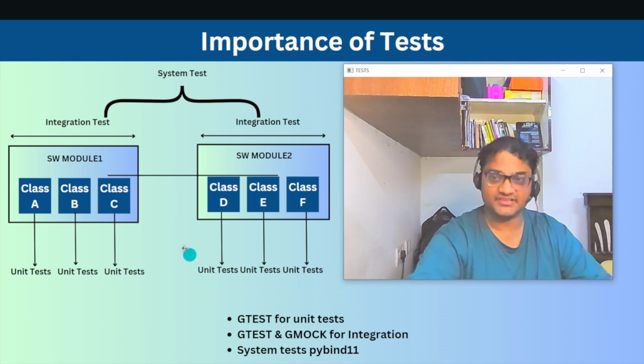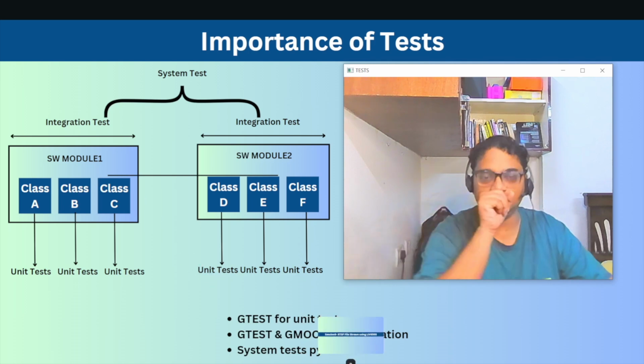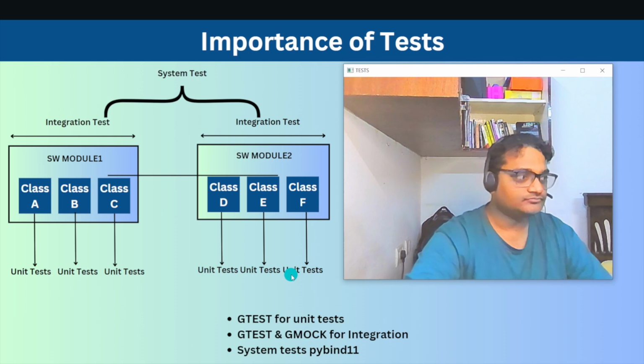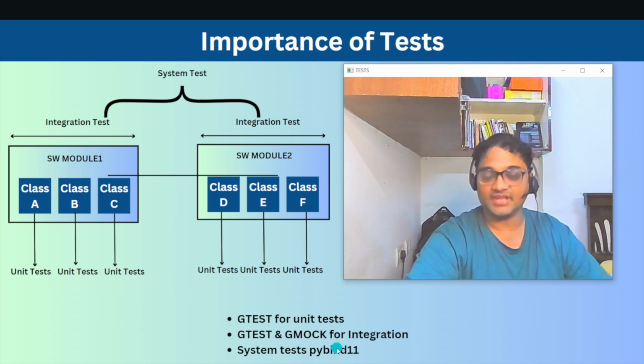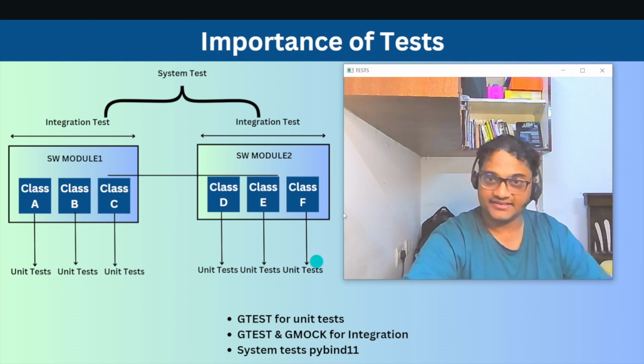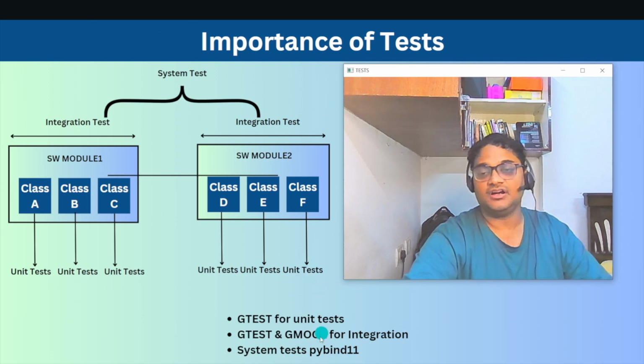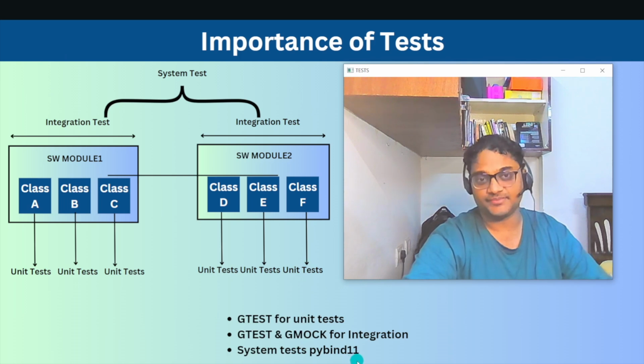So you can talk to the different methods in the other class. System tests are meant for the entire system, and we use a Python binding where C++ methods are exposed to Python, and you can write system tests.